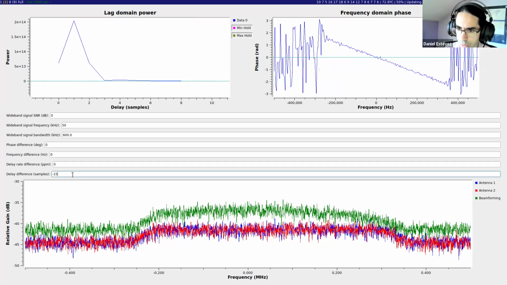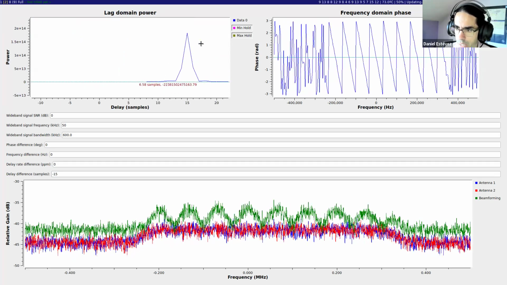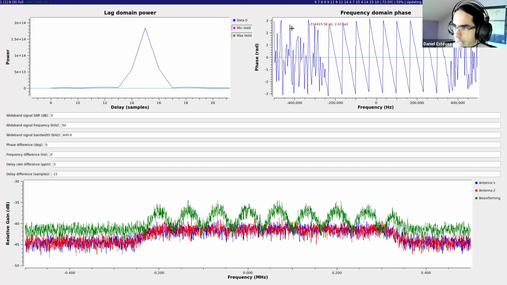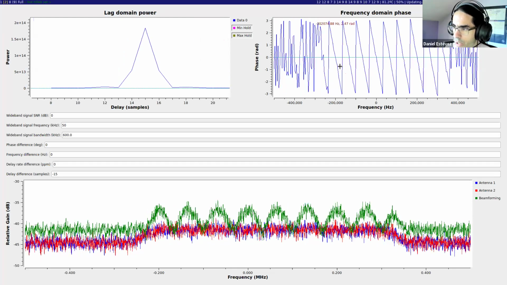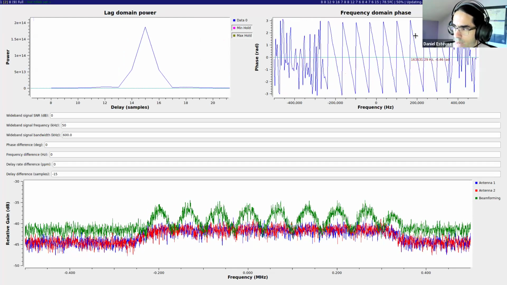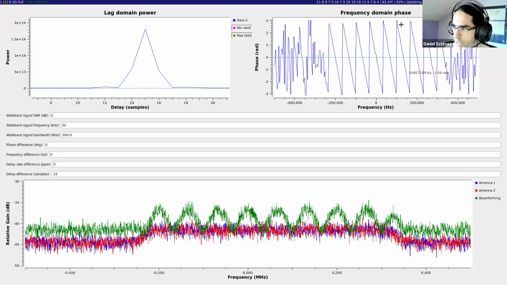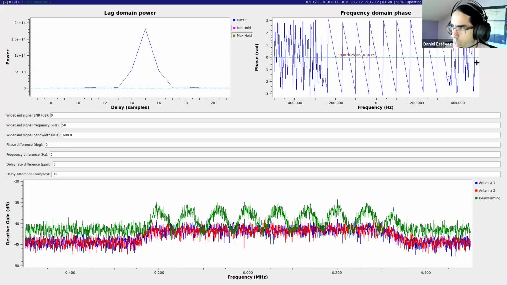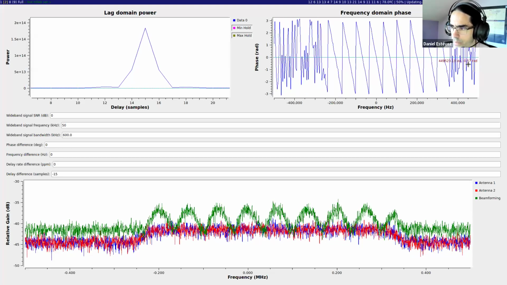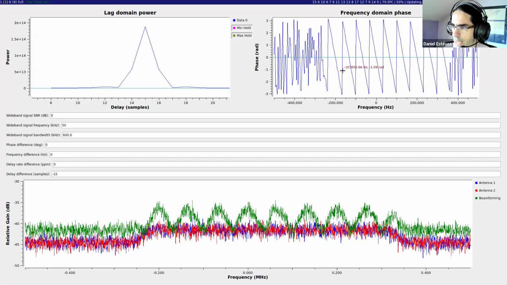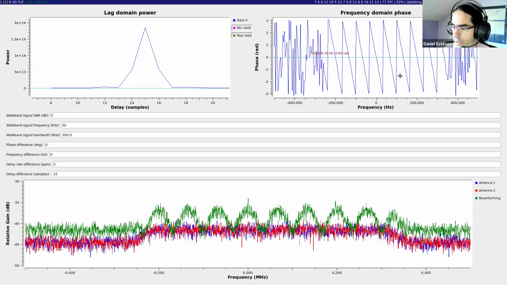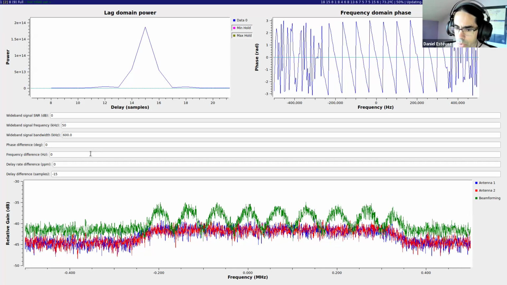If I set minus 15, for example, the correlation peak is now at minus 15. And I should get here 15 phase wraps. These are called phase wraps over the whole 1 megahertz bandwidth. So this is how we can measure delay on the correlator output.